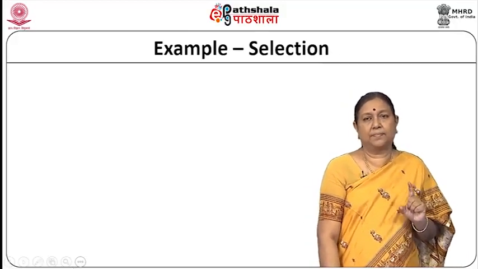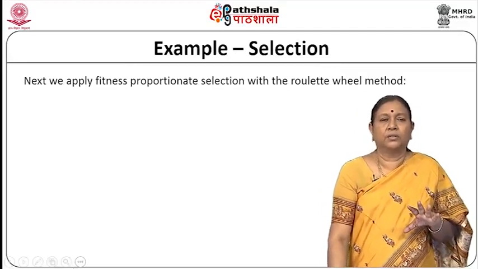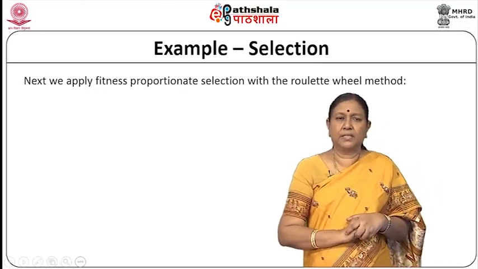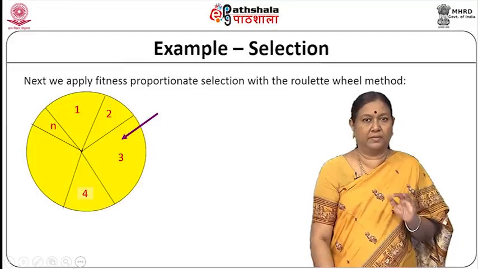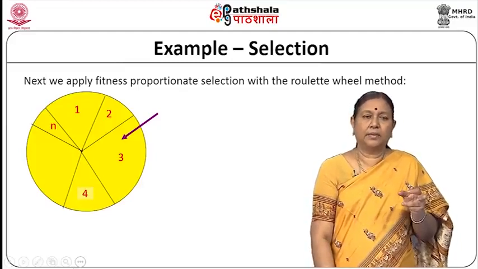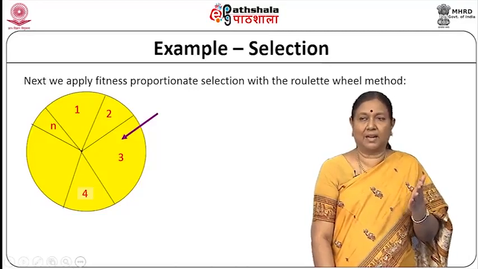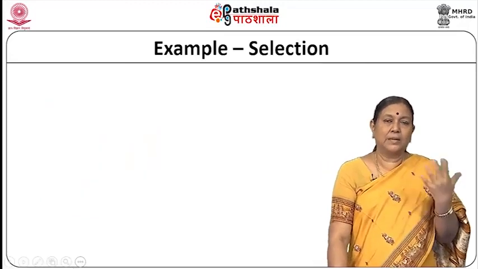Now, the first step is selection. So, we have initialized the problem. The first step is selection. Here we apply fitness proportionate selection with the roulette wheel method. We know the fitness, so here you have the roulette wheel, and it will be divided into 6 in our case, and the proportion that each occupies depends on the fitness.